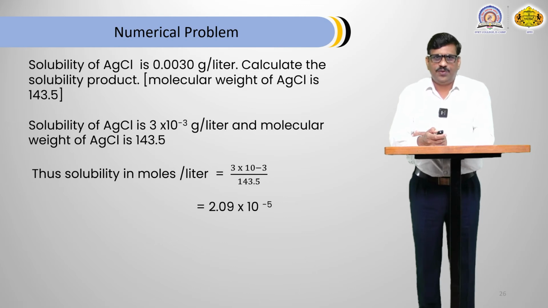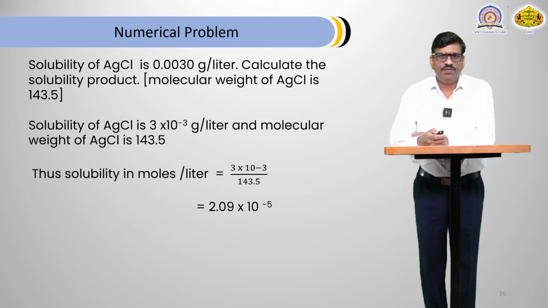Now let's see another problem. Solubility of AgCl is 0.003 gram per liter. Calculate the solubility product. Molecular weight of AgCl is given and it is 143.5. Solubility of AgCl is 3 into 10 raised to minus 3 gram per liter and its molecular weight is also given.